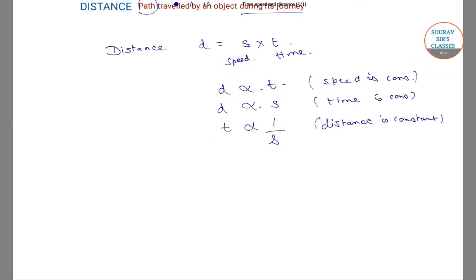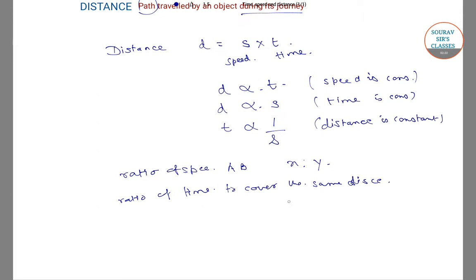So if the ratio of speed between A and B is given by x is to y, then the ratio of time to cover the same distance is given by 1 by x is to 1 by y, which is equal to y is to x.